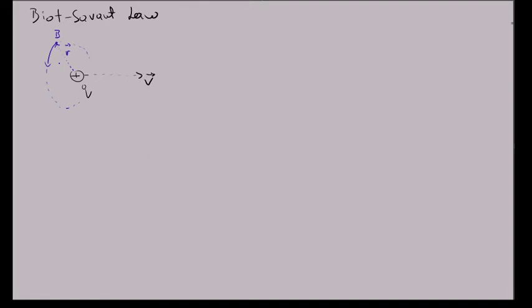I'm going to add an angle here between these two vectors. So here's angle theta, the angle between V and R. And let's state the Biot-Savart law.